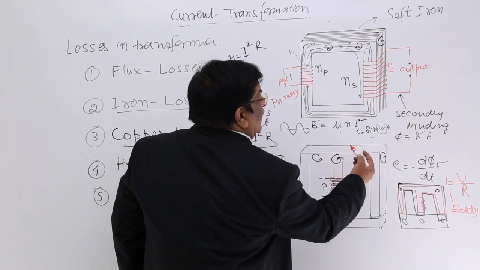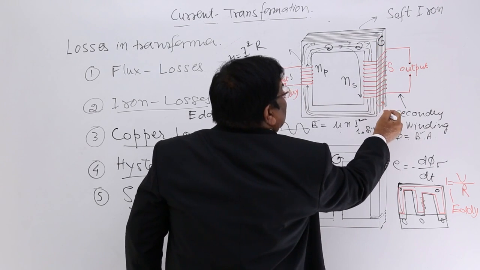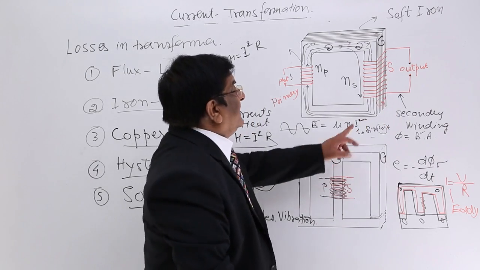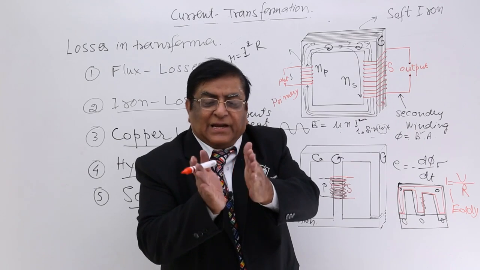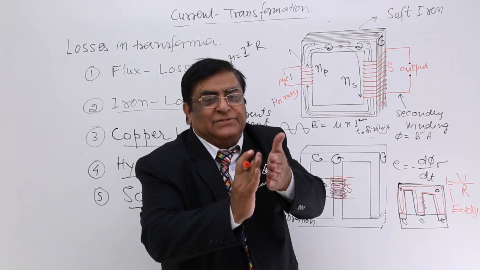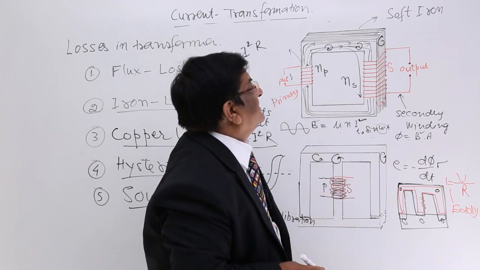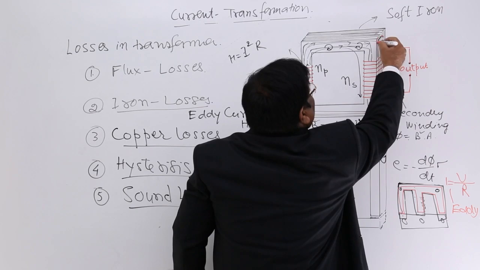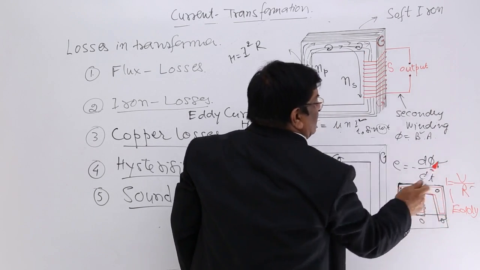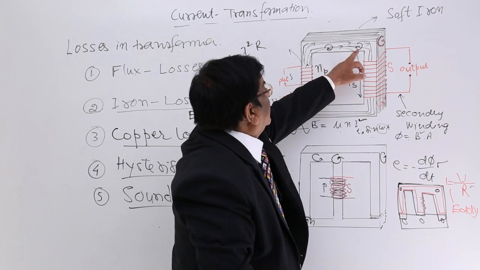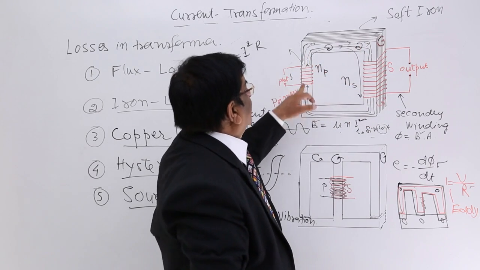Now, if we want to decrease the heat due to this current, then this current is also to be decreased. How do we decrease this current? We add up so many staples one after the other, and between these two staples there is varnish. All the staples are joined together, and varnish is a bad conductor, so this eddy current becomes less because the resistance of varnish is large. So we reduce this current by giving it this shape. This has got 1R, 2R, 3R, 4R.